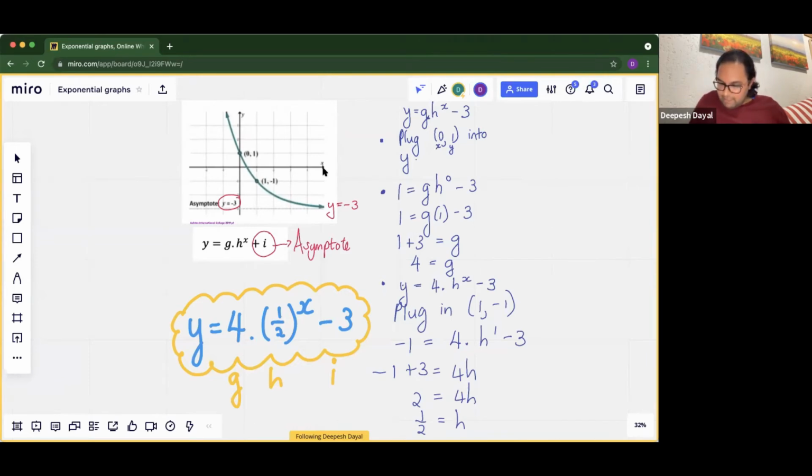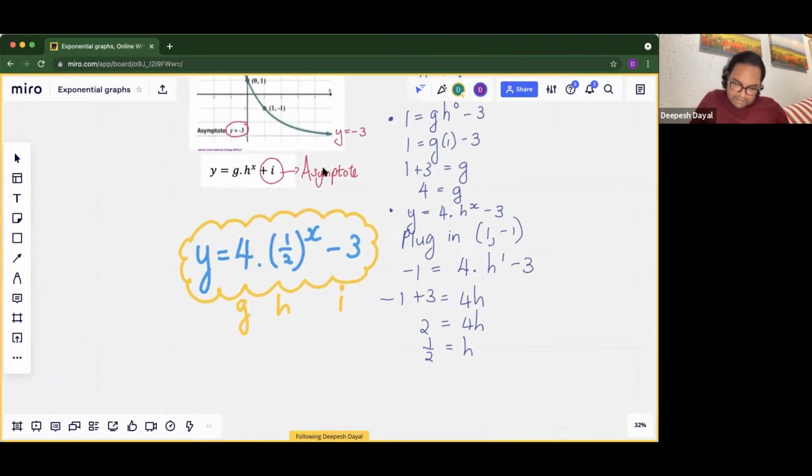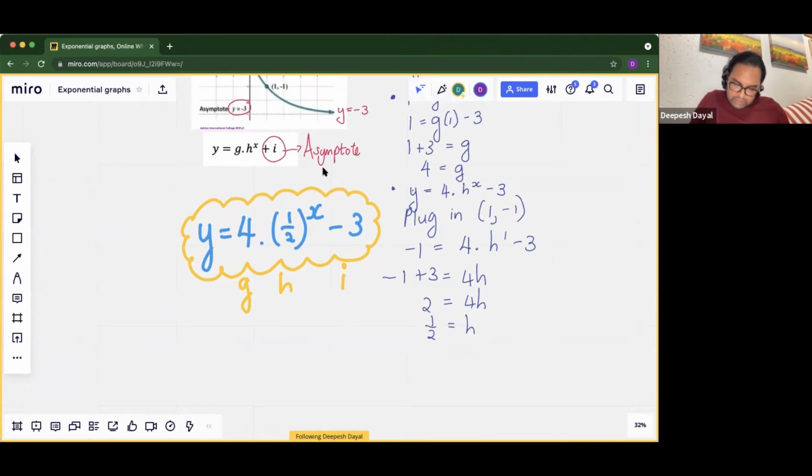Zimi, I think maybe we can clarify this last step here for you. So we have here -1 equals 4 dot h to the 1 -3. What I'm going to do, I'm going to take 3 over there, and it's going to become +3. -1 plus 3 is 2. So 4h equals 2. So I say 2 over 4 equals h. And then 2 over 4 is half.